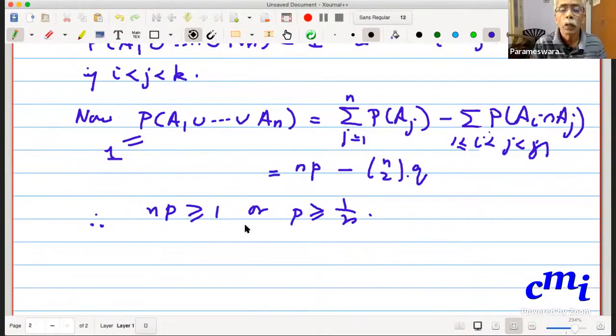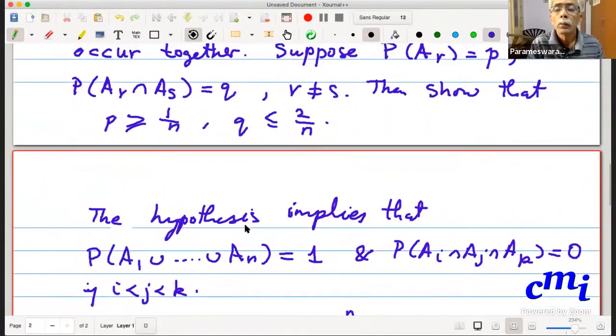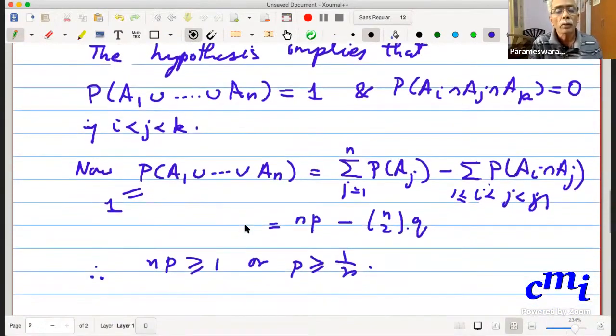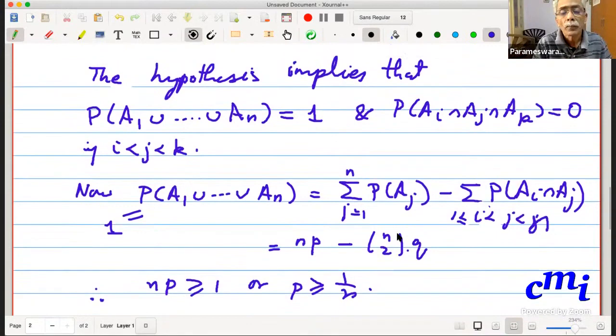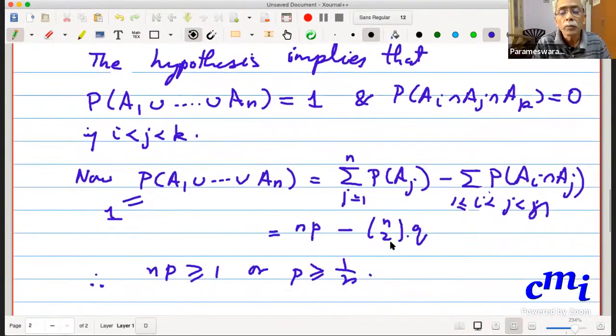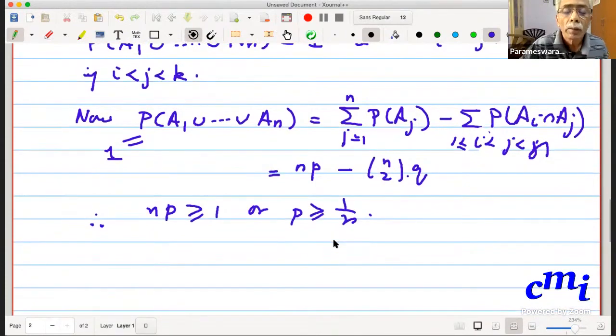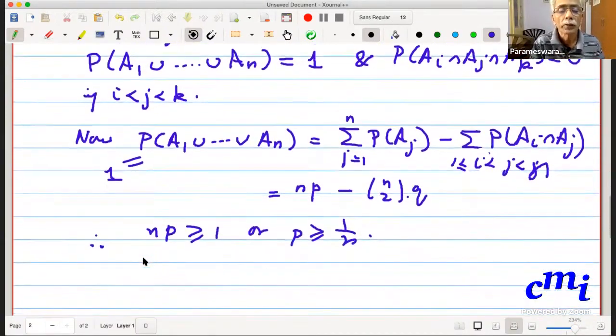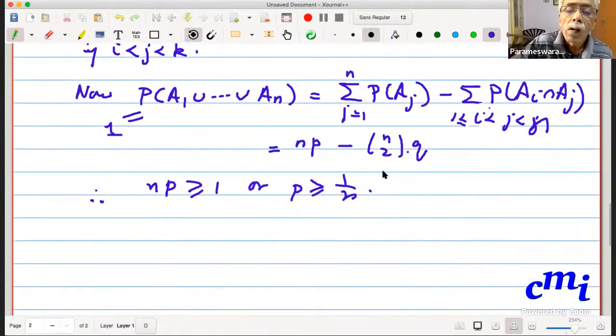Now, can Q be very small? Q cannot be very small because this quantity has to be NP.